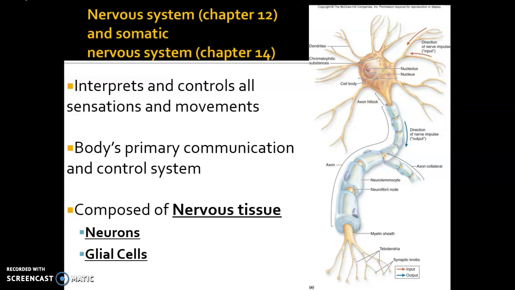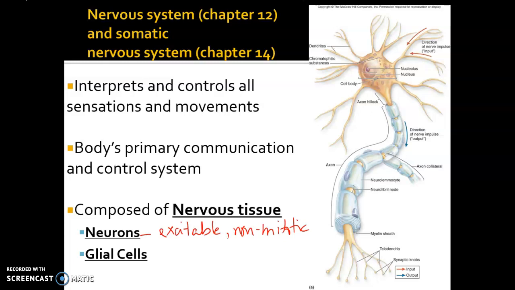All right, if we think about the nervous system, it has two main types of cells. The first one are the neurons, which are the larger cells. And on the right hand side here, you do see a picture of a neuron. Now, a few things about neurons. These are excitable cells. Neurons are non-mitotic, meaning if a neuron is damaged, especially the cell body, there is no way we can regenerate the neuron.